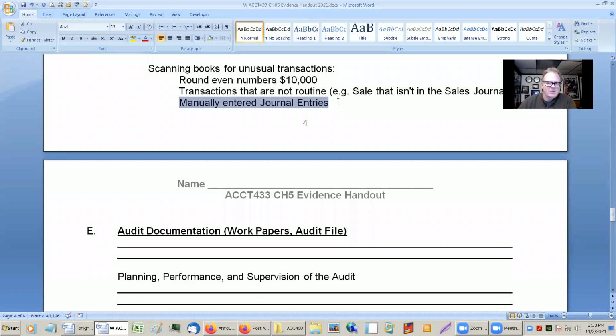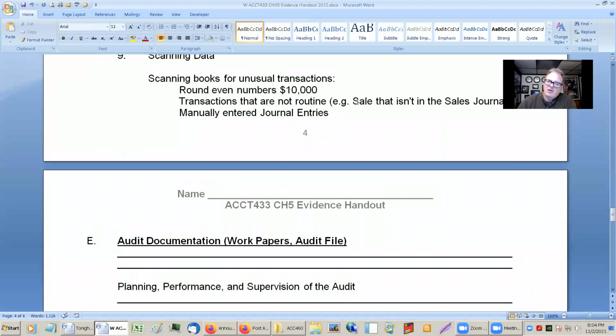Those are not as common as ones going through journals. So anytime you see an entry that is seemingly plucked in there somehow to whatever account you're looking at, those are things that raise your attention. Those are things that have a larger potential for problem. If for no other reason, a manually entered journal entry is more likely to be wrong. People make mistakes more often than computers do.